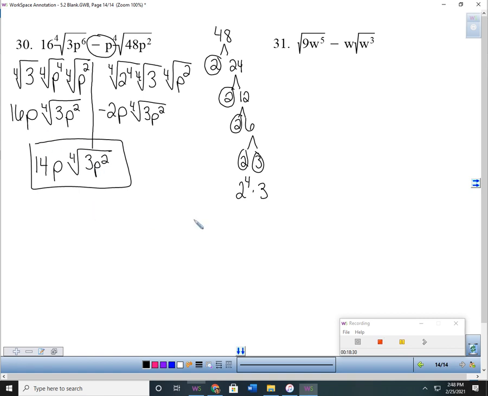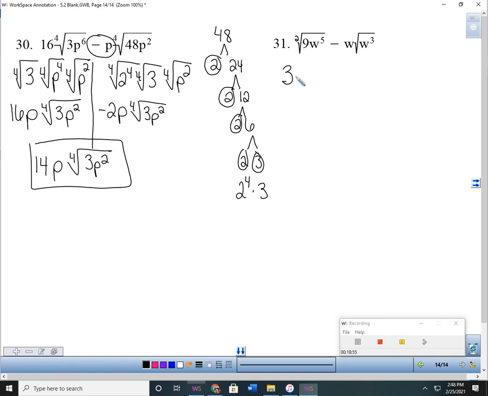All right, so on this last one, we don't have a number to worry about up front, right? But what is the root number for this? It's a 2 because it's a square root, right? So what do you know about 9? 9's a perfect square, right? So the square root of 9 is 3.